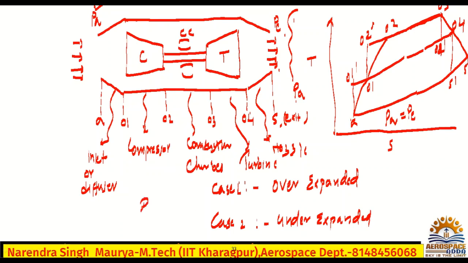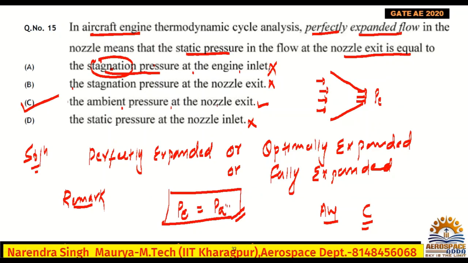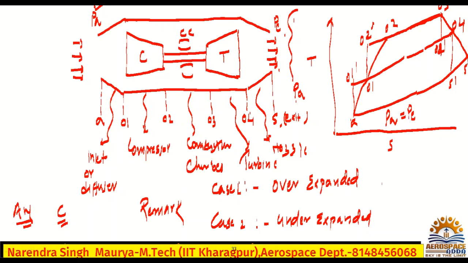So this is the remark point. Your answer is already finalized. Your answer is C. In this problem, it is decided, because exit pressure is equal to ambient, and that ambient pressure at the nozzle exit is equal to static pressure at the nozzle exit. That is true. Now, further discussion: for overexpanded and underexpanded cases also they can ask.